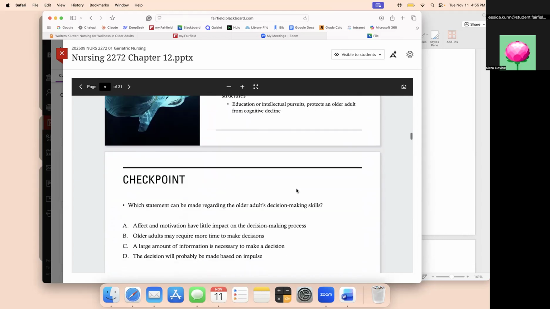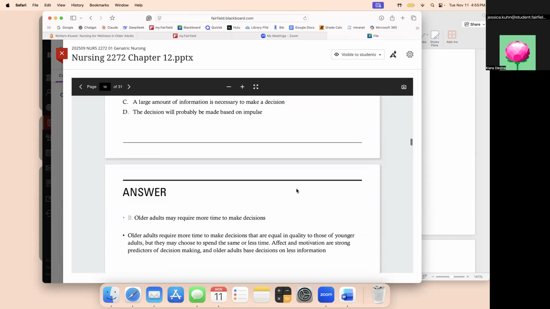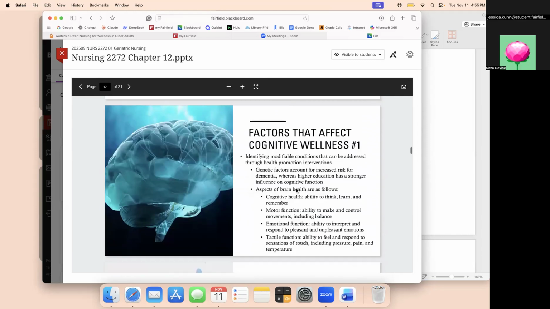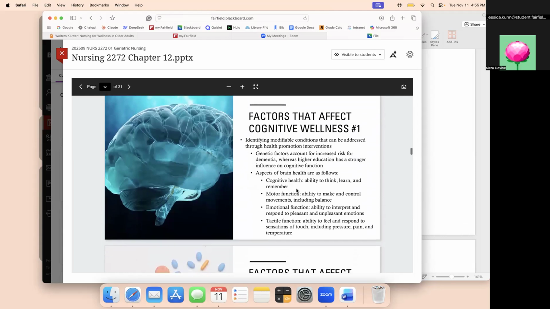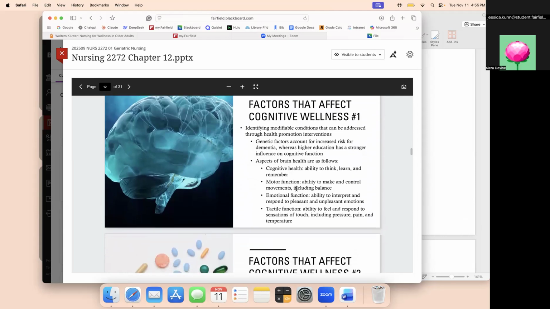Neuroplasticity we covered, and cognitive reserve we covered. Factors that affect wellness, we also covered in the review.